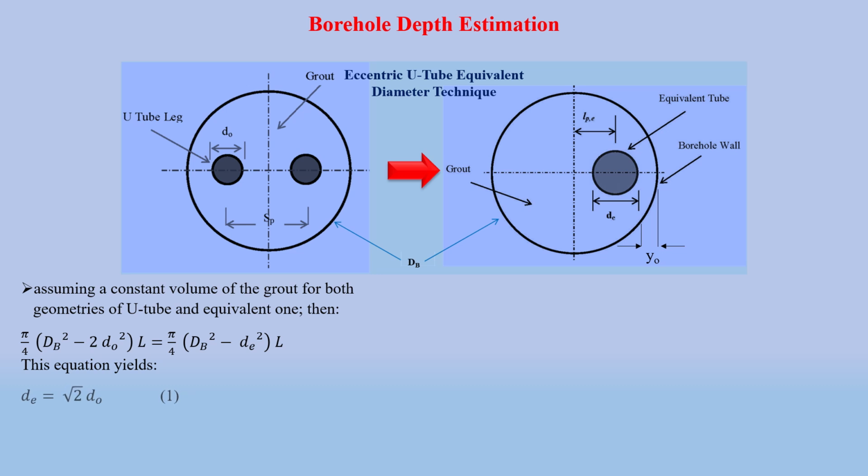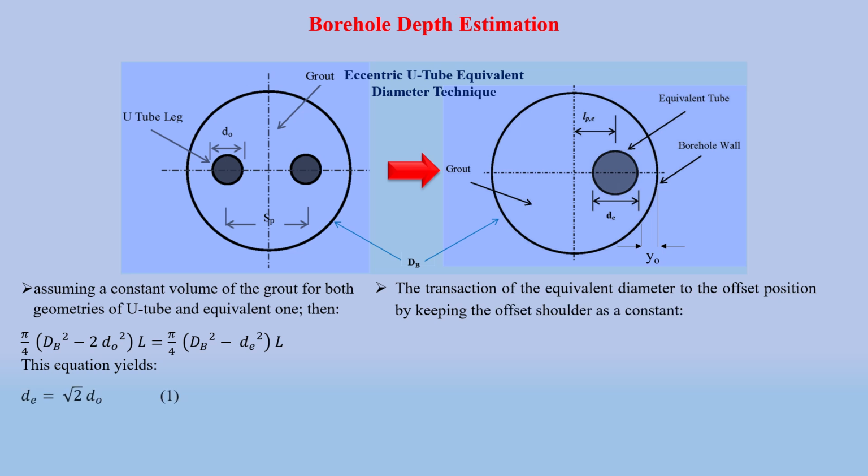The second step in this model, I will transfer this equivalent diameter to a position in the borehole where we are keeping the offset distance and the shoulder between the external surface of this tube and the borehole diameter fixed.